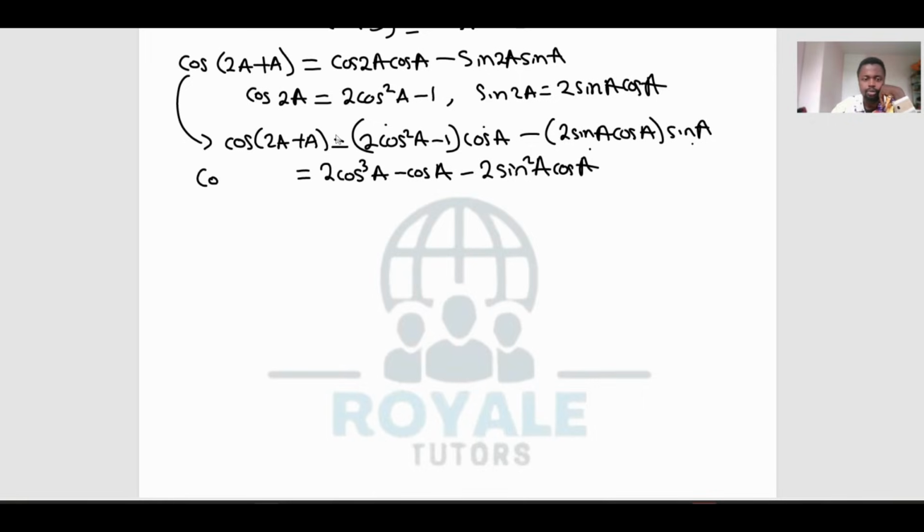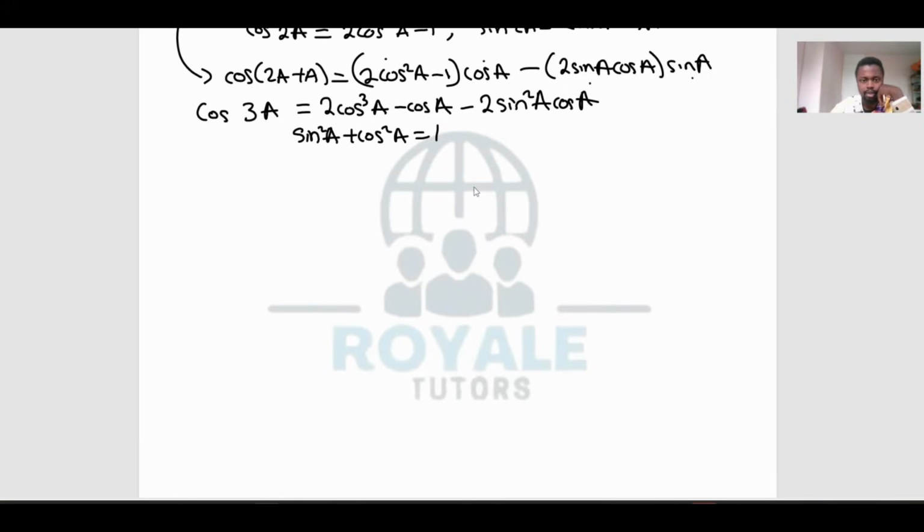So remember, what we are doing is still cos 3a. For sine squared a, remember there is a trig identity that says sine squared a plus cos squared a is equal to 1. So from there, if I make sine squared a the subject, I'm going to have it as 1 minus cos squared a.